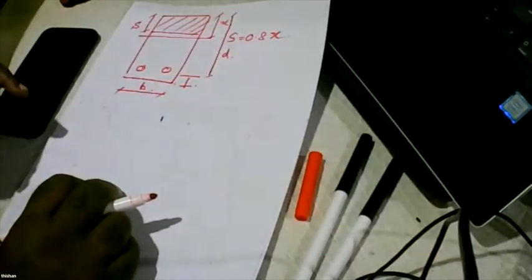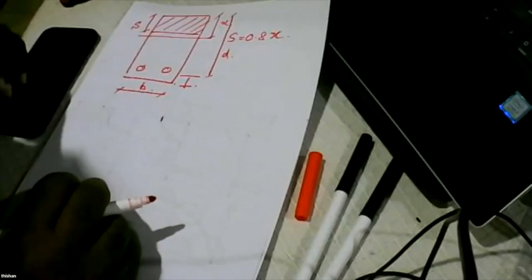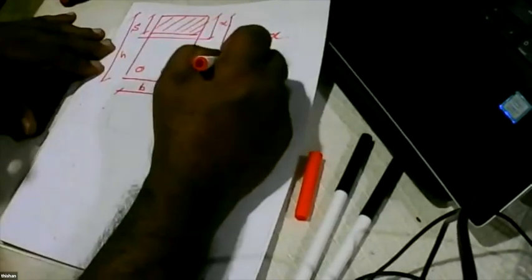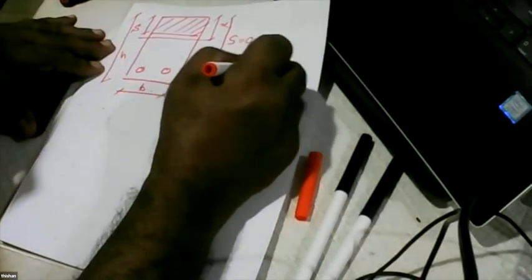If you know the cover required, say 45 millimeters or 40 millimeters or 50 millimeters, immediately you can decide the D value, provided the overall depth H is known. So H is something you select, like 600 millimeters.